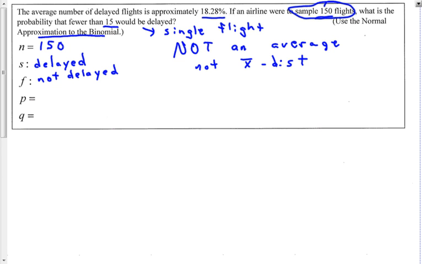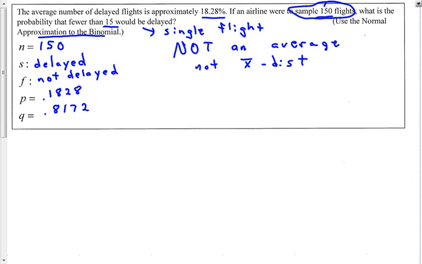P is the probability of that success, which is 0.1828, and Q then being 1 minus P is 0.8172.